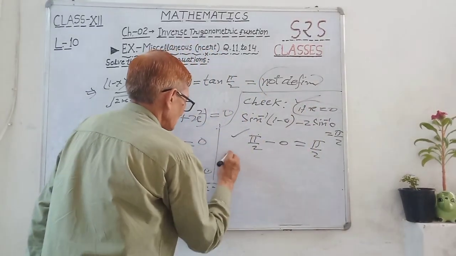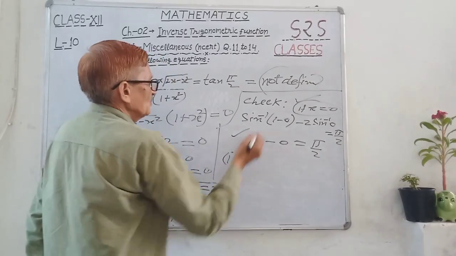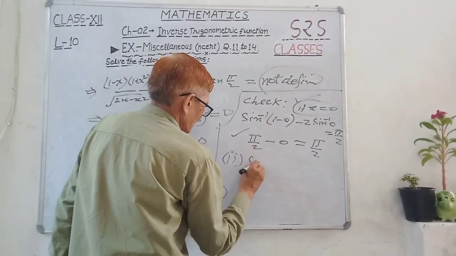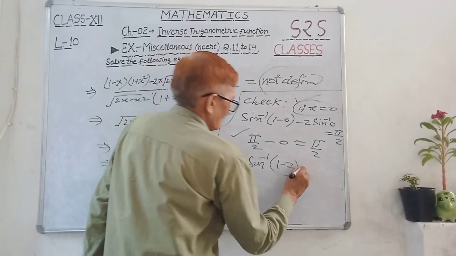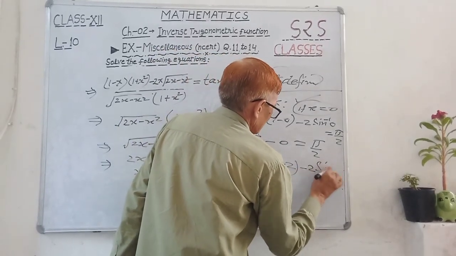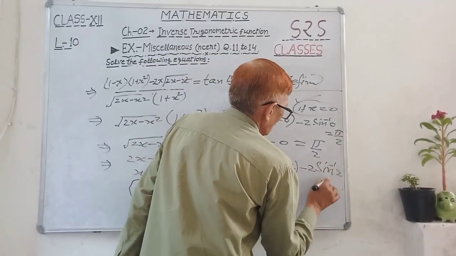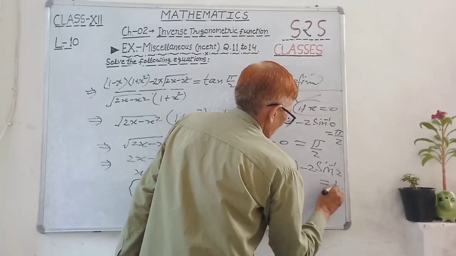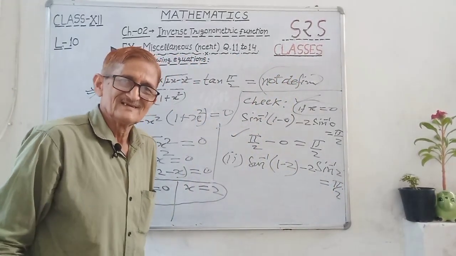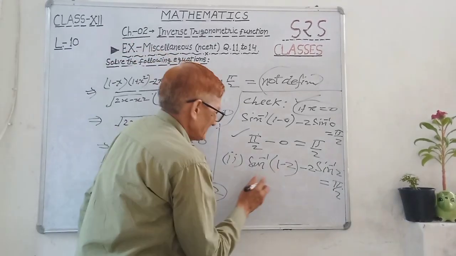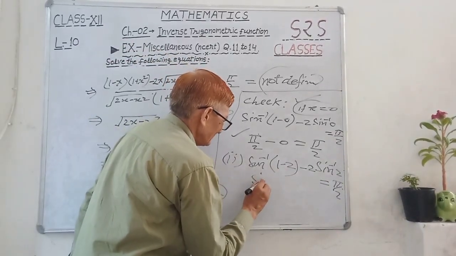Second case is 2. If x is 2, so sin inverse 1 minus 2, minus 2 sin inverse 2 is equal to pi by 2. Understand? Now 1 minus 2 is minus 1.